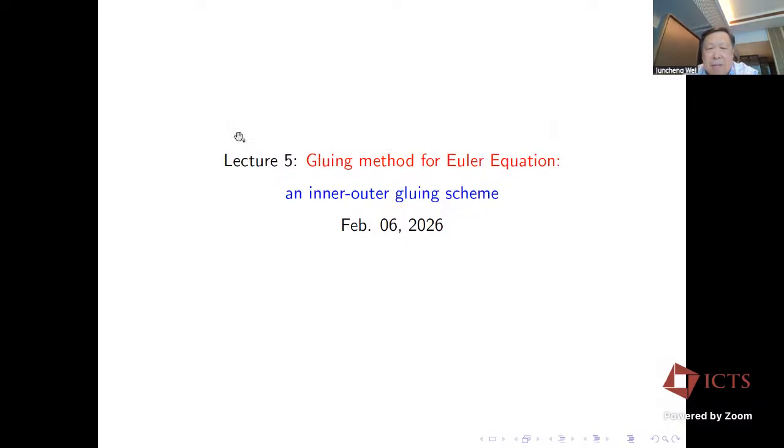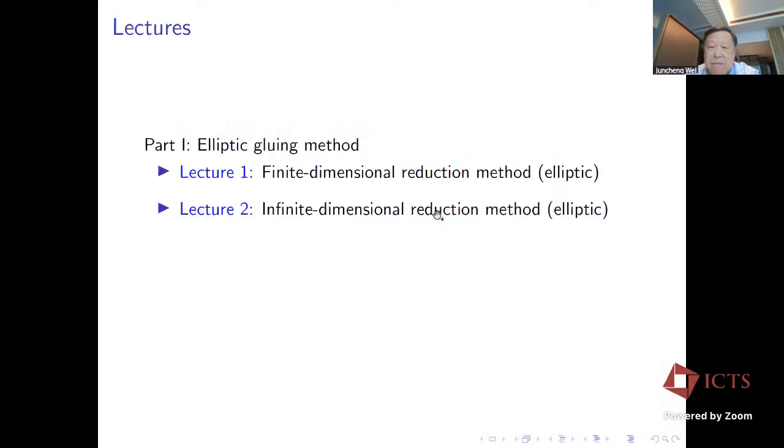Today I'm going to talk about the GUI method applied to the Euler equation. This is in the outer GUI scheme. So let's recall the previous four lectures. In lecture one, we discussed the initial GUI, the finite dimensional reduction. In the second lecture, we discussed infinite dimensional reduction for concentration on high dimensional sets.